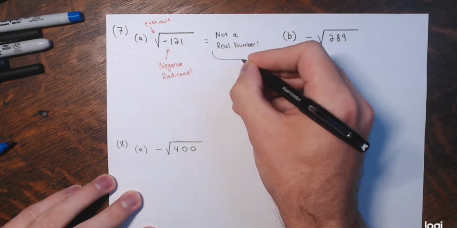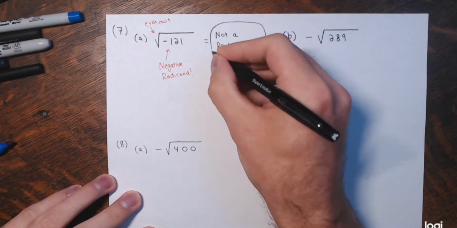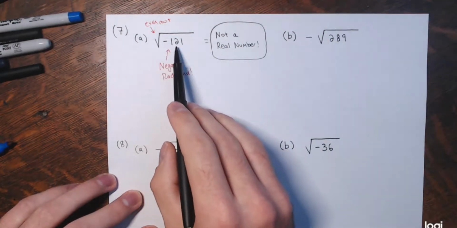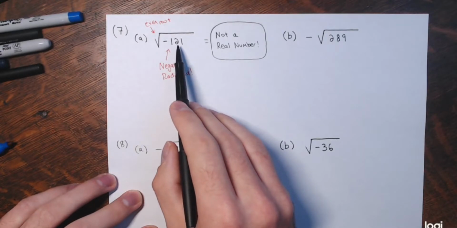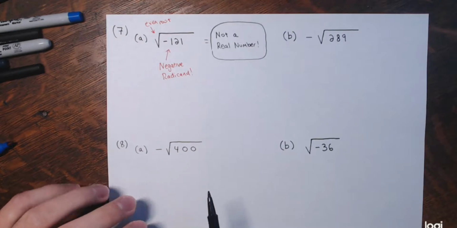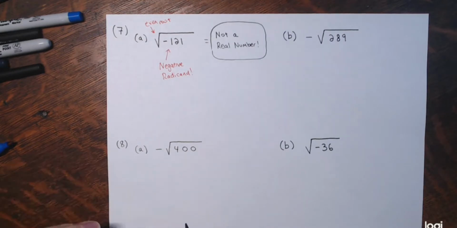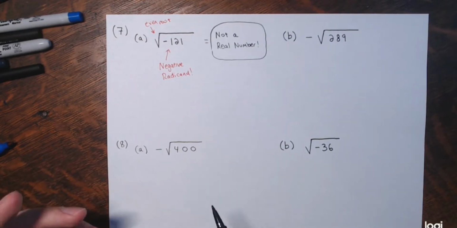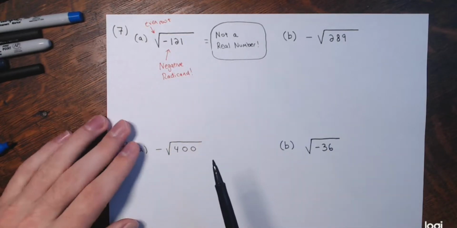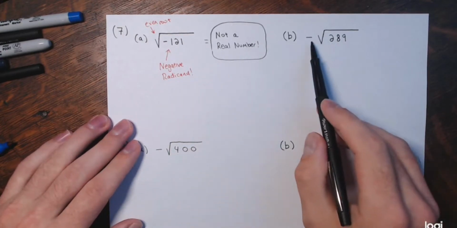There is no number, no real number, positive or negative, that I could raise to the second power and get a negative 121. Right? Because any real number you raise to the second power is going to be positive. It can't be negative. So there's no real number that makes that work. But part B works.